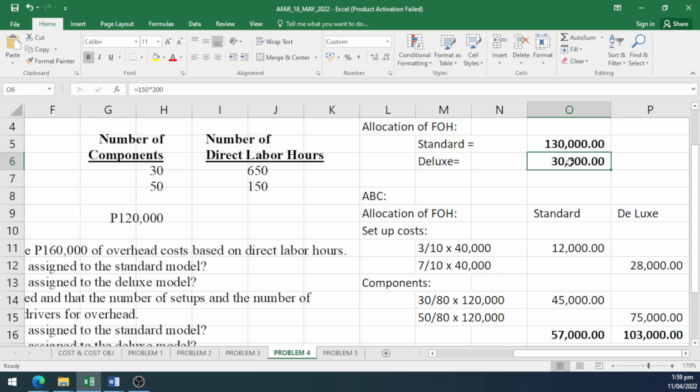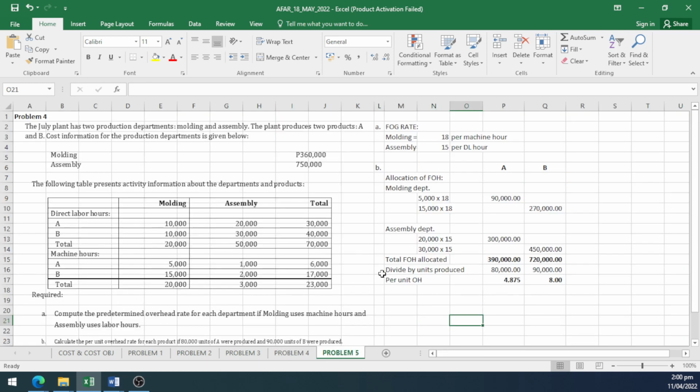Nangyayari kasi dyan sa traditional, it is a peanut butter approach, wherein ini-spread mo yung overhead sa lahat ng products ng pare-pareho. It's like, nagpapalaman ka ng tinapay, ini-spread mo. Yan po ay peanut butter costing na tinatawag. Okay? Next, problem number 5.